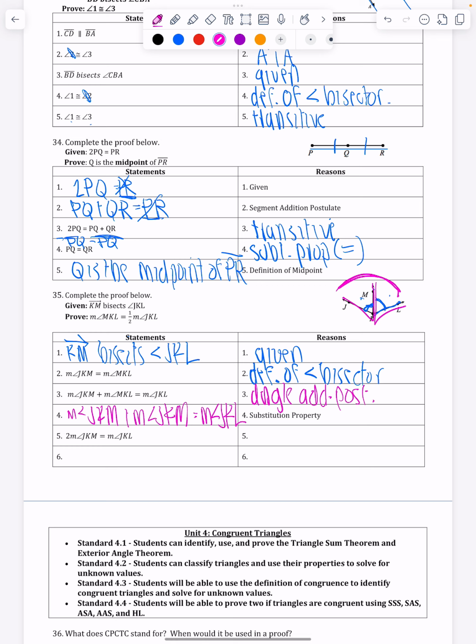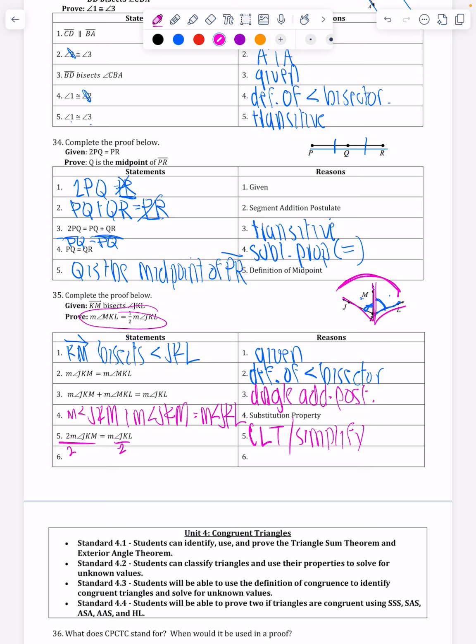Then you notice we combine like terms or simplify to get it to be 2JKM equals JKL. And last but not least, I'm going to divide by 2 and divide by 2. And that's how I'm going to get this. Which, there is a typo here.